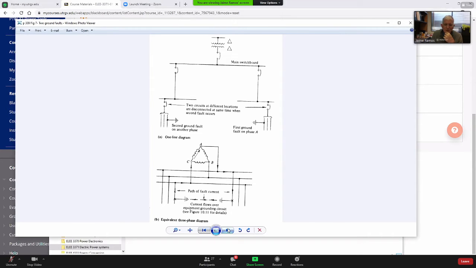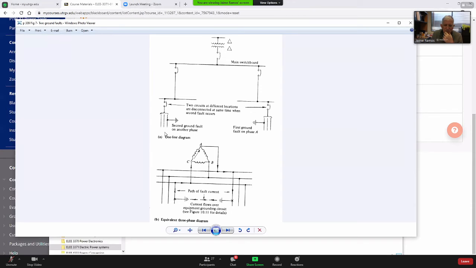So here in this diagram on the right, there is a fault on phase A. That's fine. The system continues working.